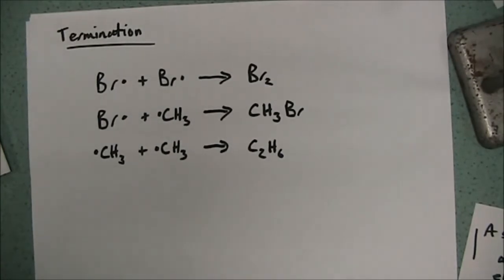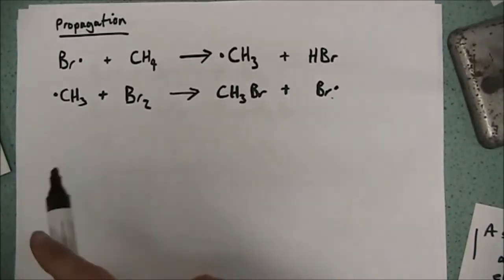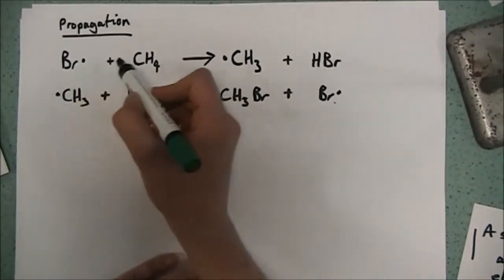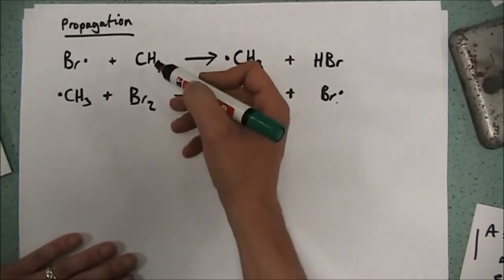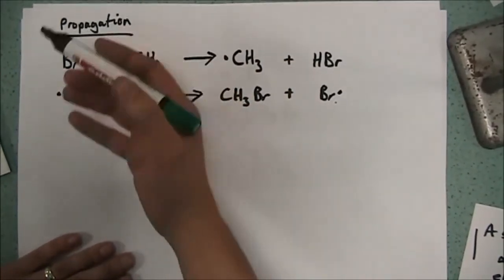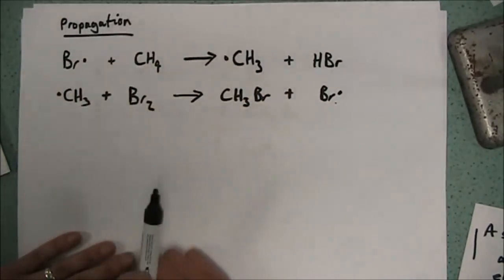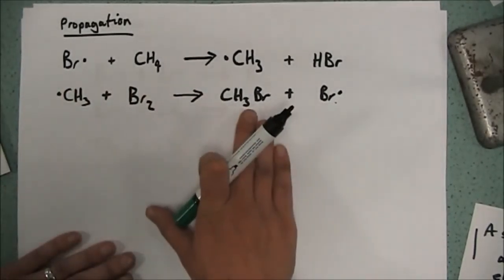However, it gets worse. In the propagation step, there's no reason that the first molecule the bromine radical comes across has to be the methane that we want it to react with. It could actually react with something else. Now, it could react with this to terminate, and we've seen that before, but it could also react with the product.